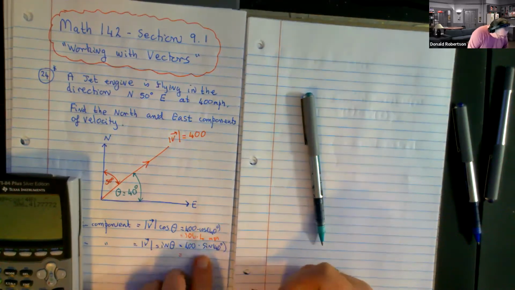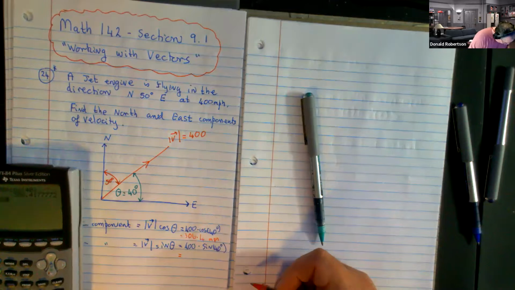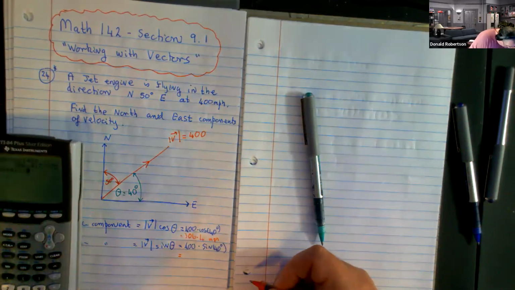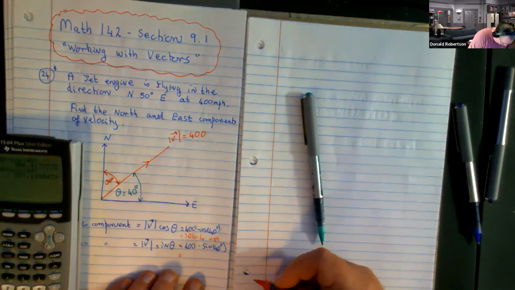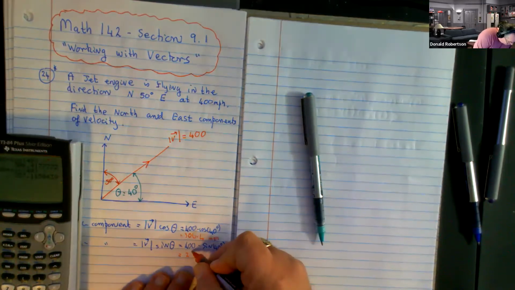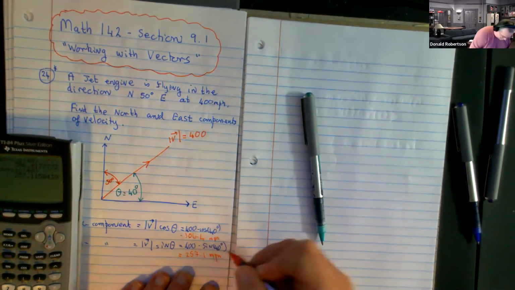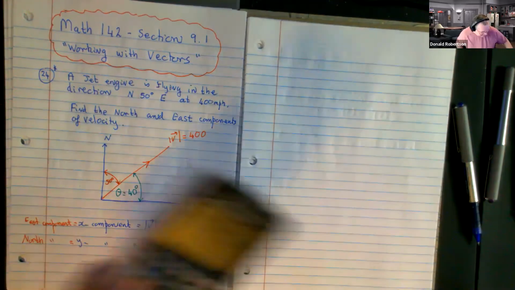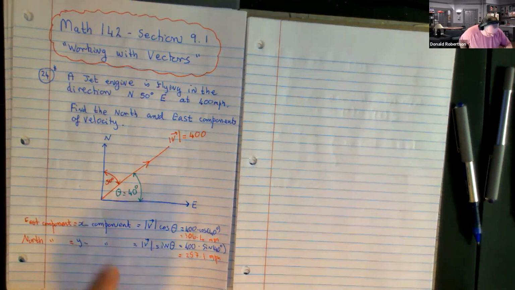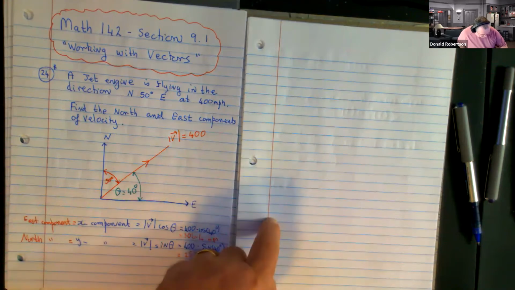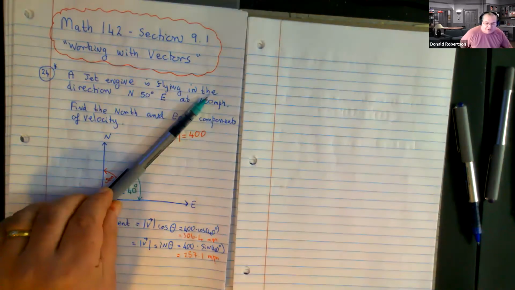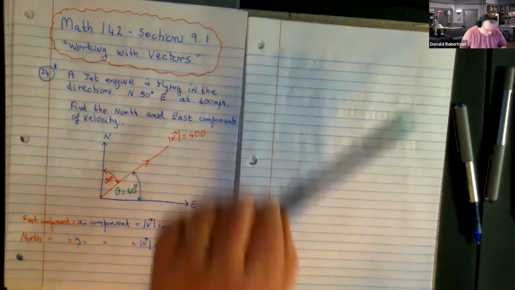And at the same time, this one here, which is 400 times the sine of 40 degrees, it's also flying north about 257.1 miles per hour. And for every hour, you're going to go 300 and change this way and another 250 that way, which is basically that direction forever. And that's the end of 24.